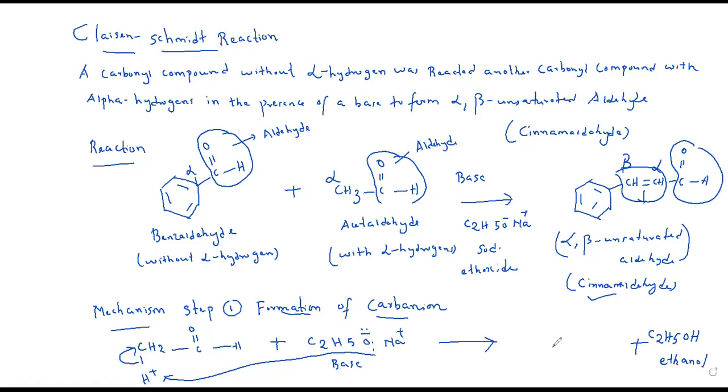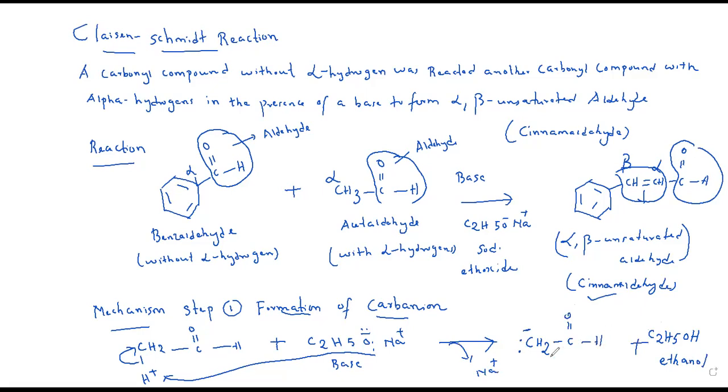Apart from that, the sodium ion will be extracted out and you'll be left over with CH2, with a lone pair of electrons and a negative charge, C double bond O, H.